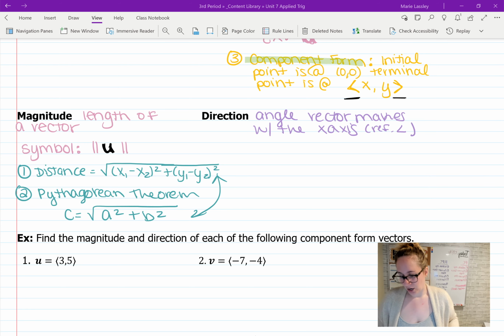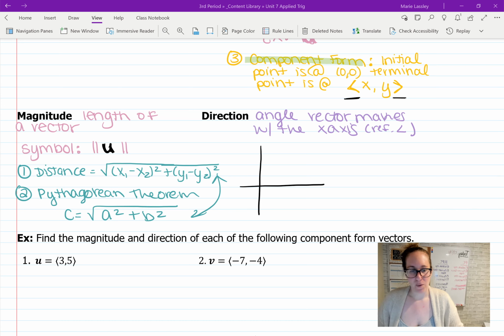Okay, so if we have a little picture, you know I like pictures. We'll draw it. I know there's no L in draw, but I just feel like it should be there, so I say draw. But whatever. Okay, so here's our vector. This theta is our direction.